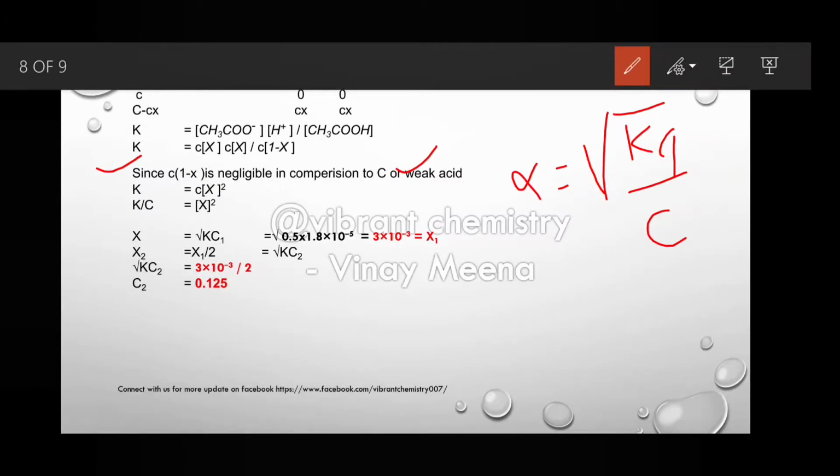If you calculate it, you will find that the value of alpha is less than 10%, so in that case it will be considered a weak acid. Generally for a weak acid we take the criterion of 5%, but in objective type questions you can also extend it up to 10%.